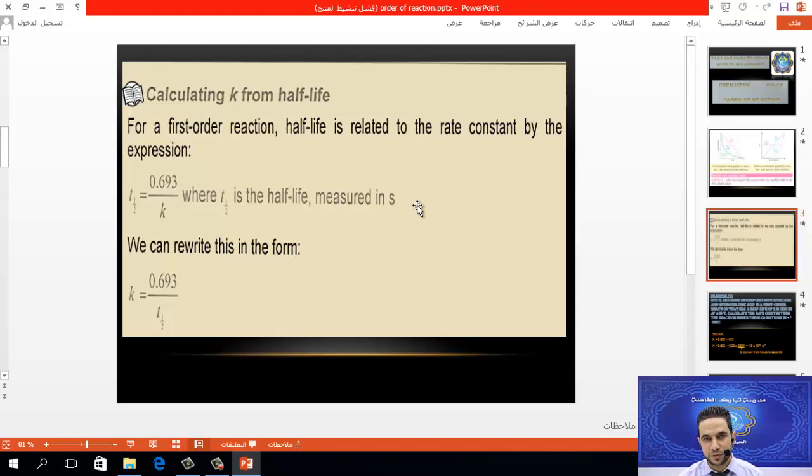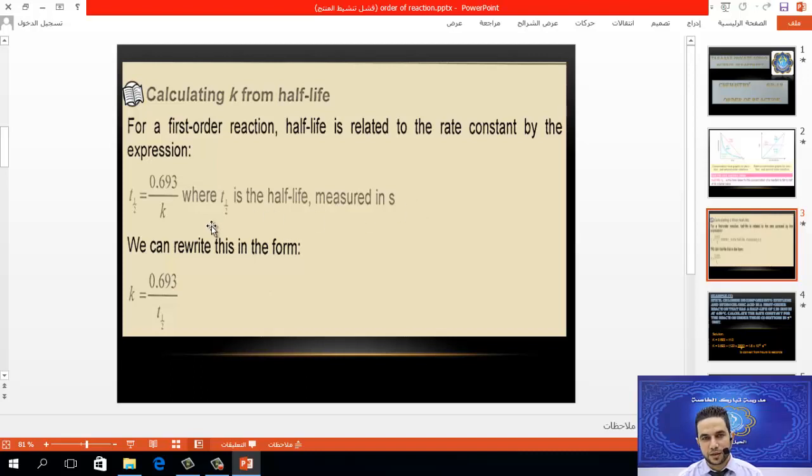K is the rate constant. Remember with me, what is the only factor that can change the value of the rate constant of a reaction? I hear you. Temperature. Yes, excellent. The only factor that can change the value of the rate constant is the temperature.